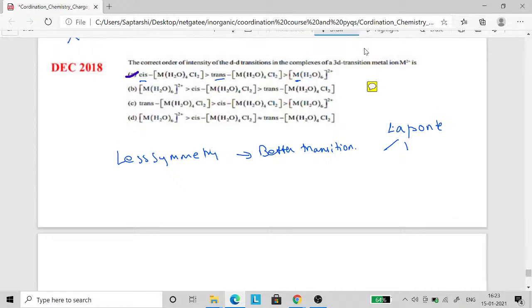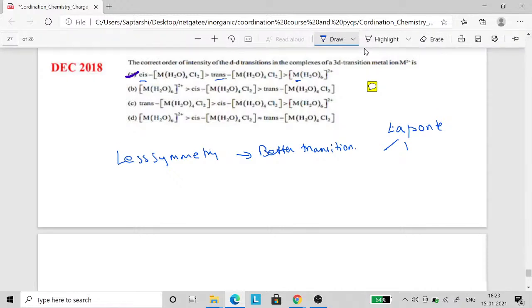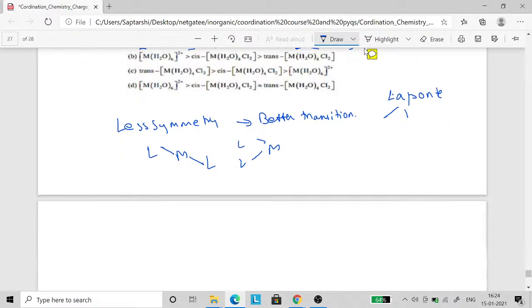Normally a cis complex has less symmetry than a trans, and in the last one we have just the aqua complex, so it has more symmetry. So this will be more forbidden, this will be less forbidden, and this will be least forbidden. Because in trans you have the ligands at opposite ends, but in cis you have them on the same side, so obviously this has less symmetry than this.